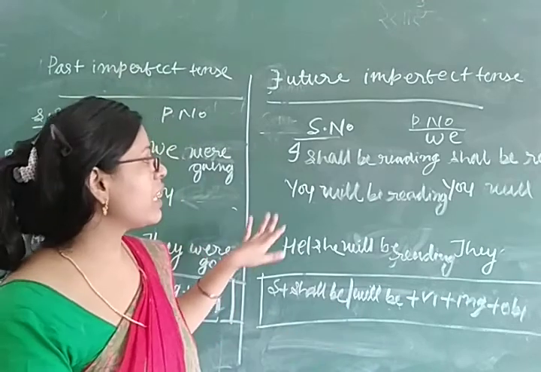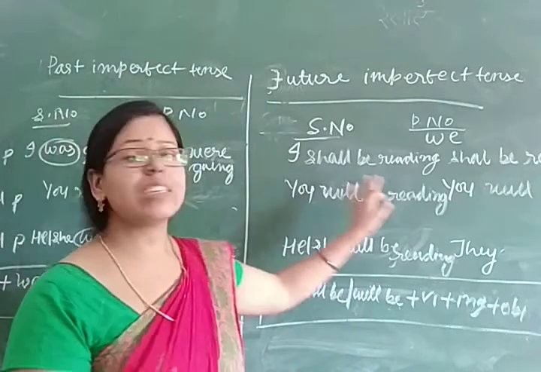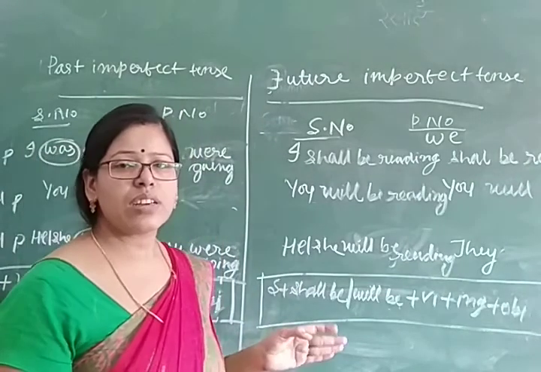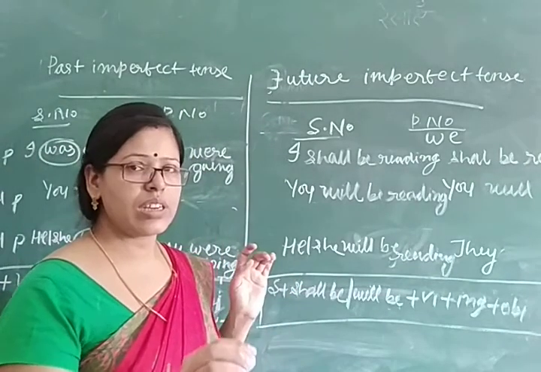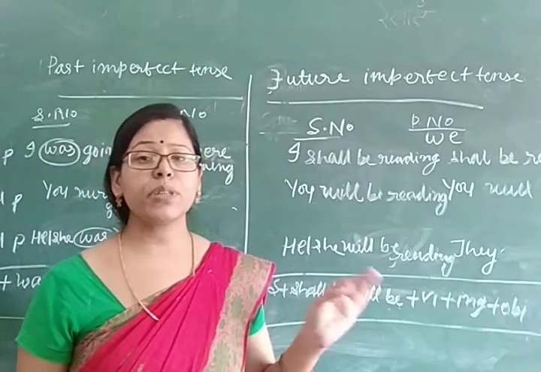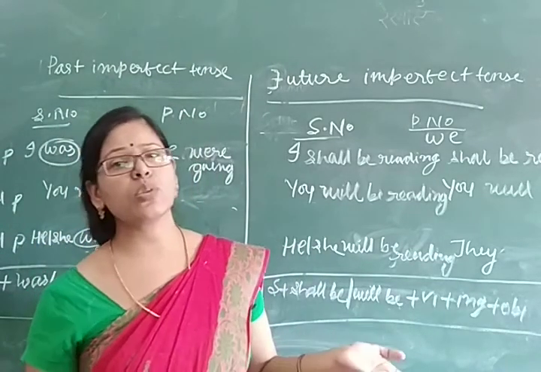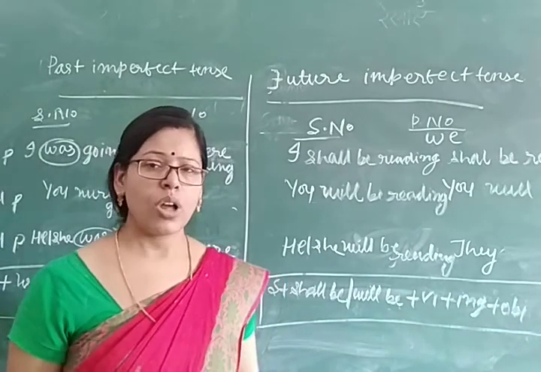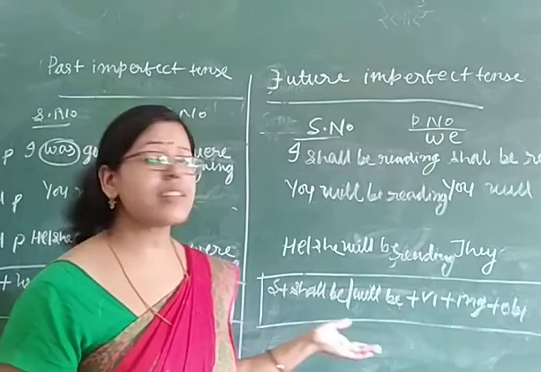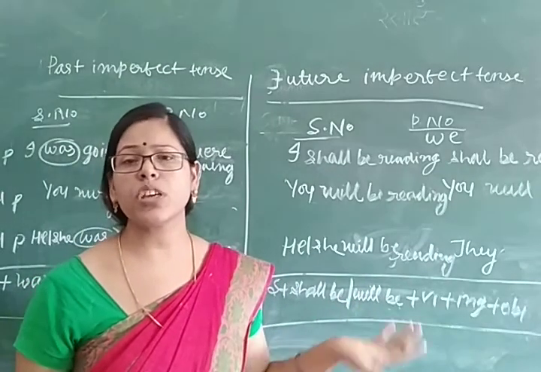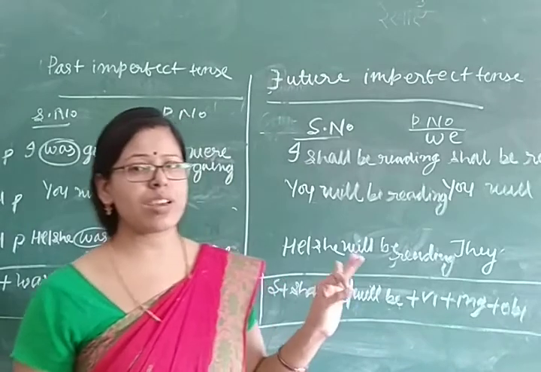So if you are getting this at the end of the Hindi sentence, मैं जाती रहूँगी, है ना? मैं पढ़ाती रहूँगी, I shall be teaching. मैं बोलती रहूँगी, I shall be speaking, I shall be talking. Alright, I shall be dancing, I shall be writing. मैं खेलती रहूँगी, मैं पढ़ती रहूँगी, and so on.